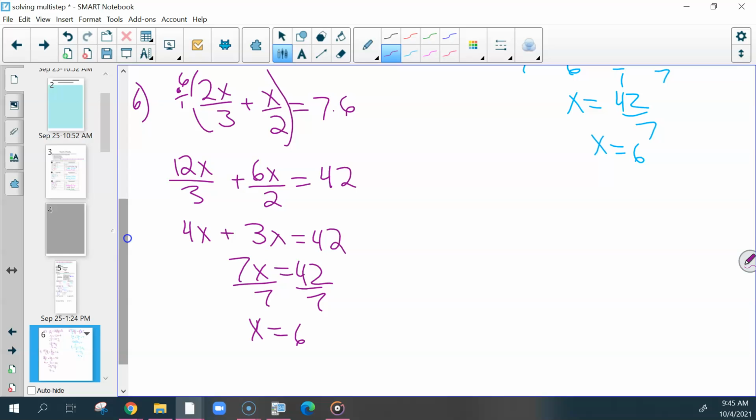Before we do the check method, anyone have any questions? The process for either one is not difficult, it's just a lot of steps. Does that make sense?